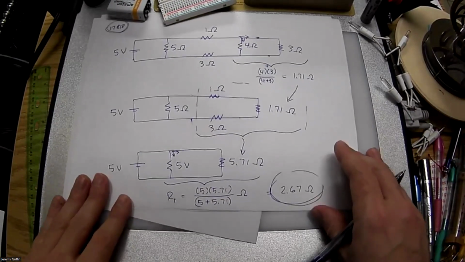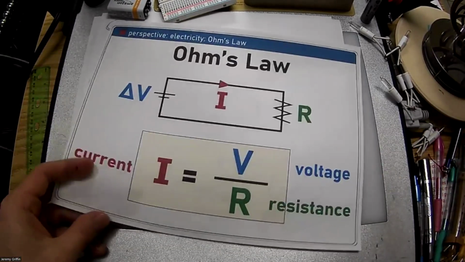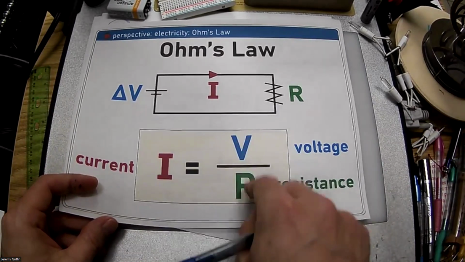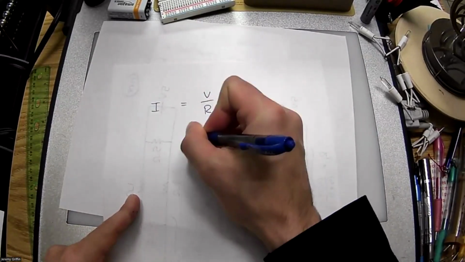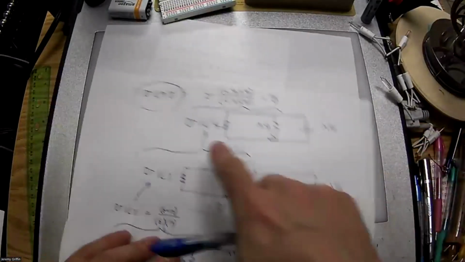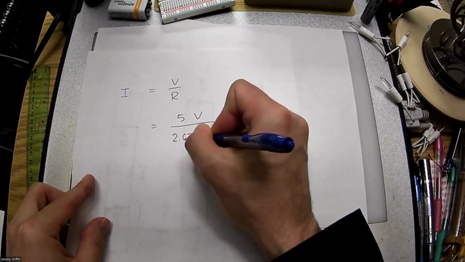So the follow-up question to that is, well, how much current? Okay, so now we're gonna skip over to Ohm's law. You guys ready for Ohm's law? How much current flows is voltage acting on resistance. And so I equals V over R. And I've got 5 volts acting on, see, I just found 2.67 ohms.